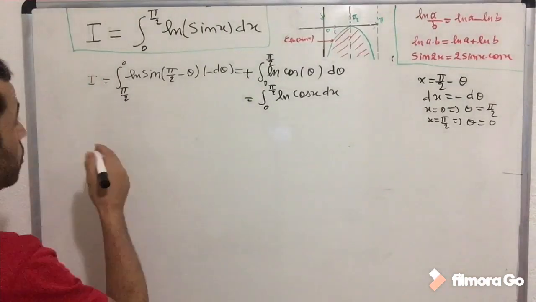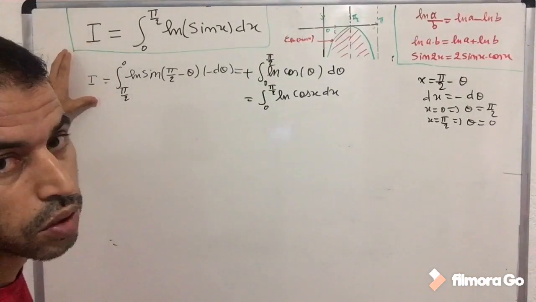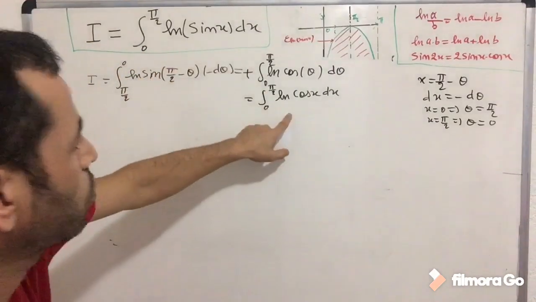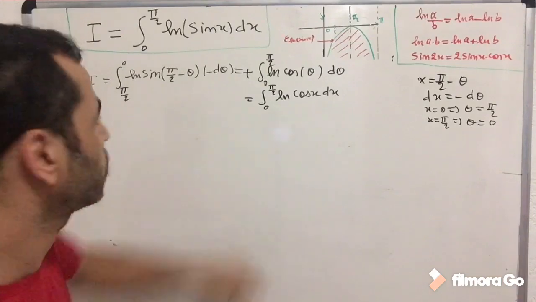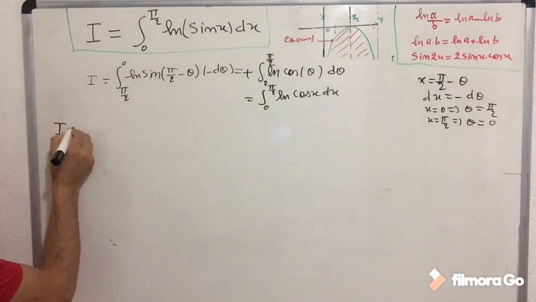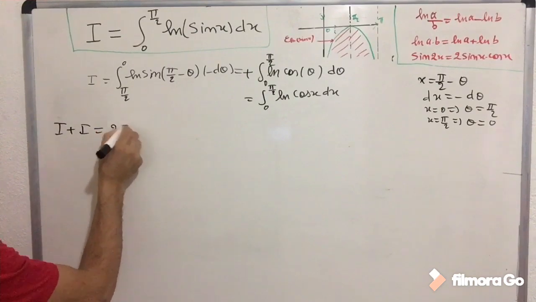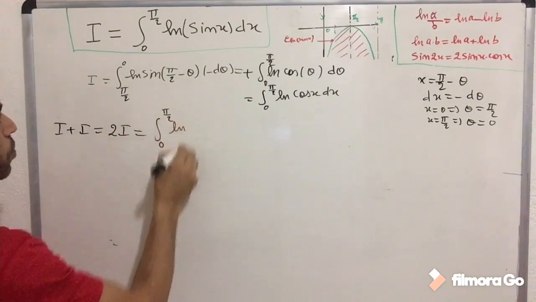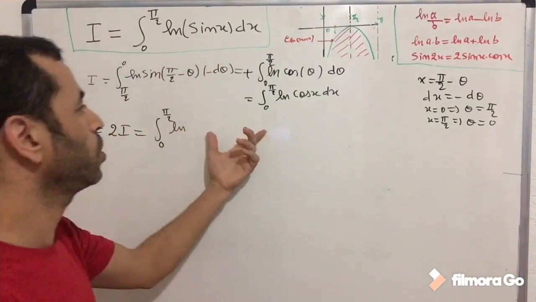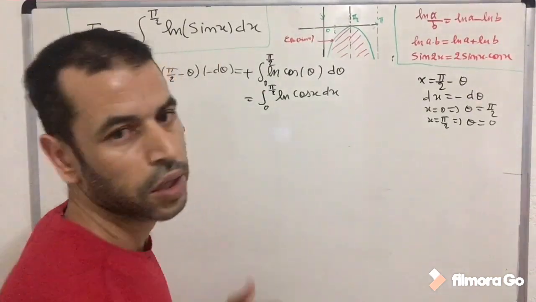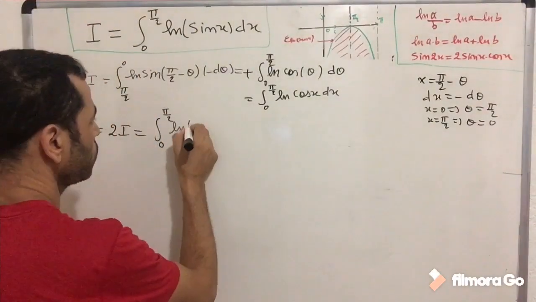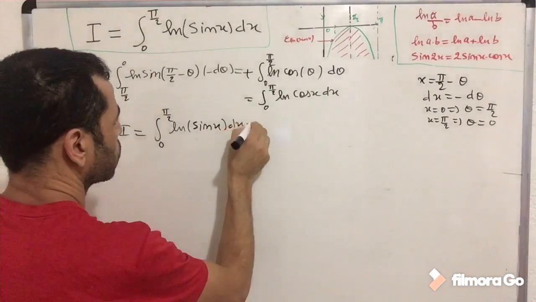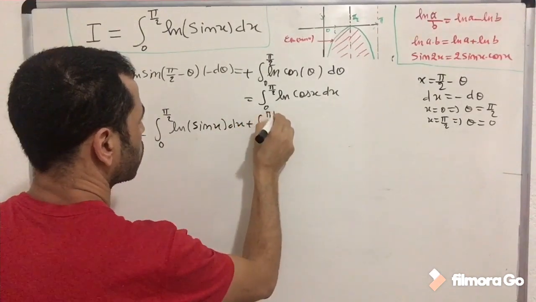So let's put these integrals together. The first one is natural log of sine x, and the second one is natural log of cosine x. Let's put them together, which is I plus I, equal to the integral from 0 to pi over 2 of natural log of sine x dx plus the integral from 0 to pi over 2 of natural log of cosine x dx.